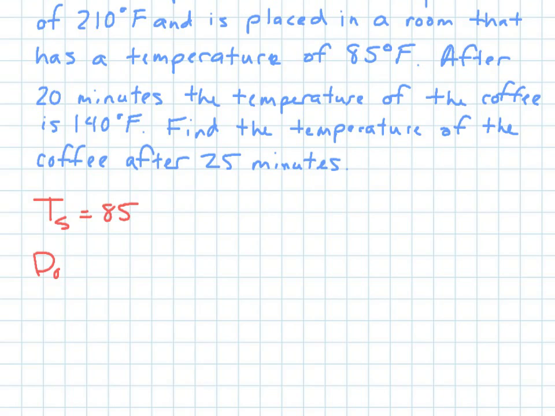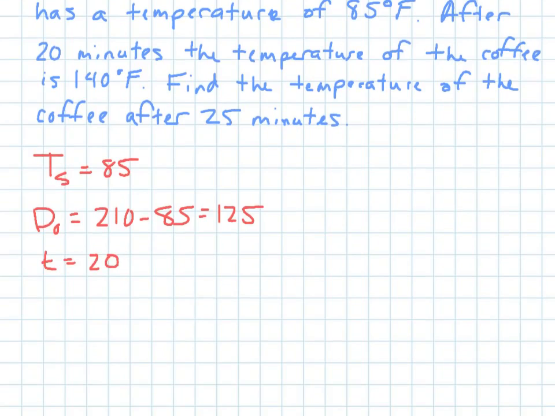Our difference will be 210, the initial value that it starts at, minus the surrounding, so it gives us 125. Also our t is 20 to begin with, and then capital T of 20, they say ends up being 140 degrees Fahrenheit.